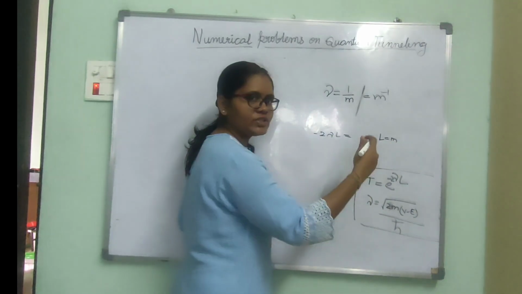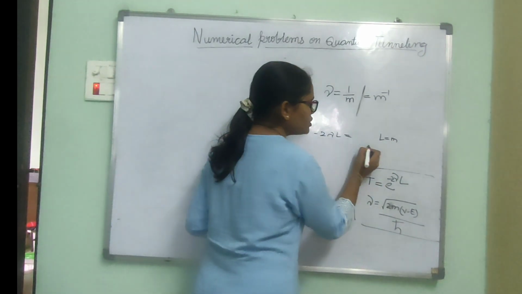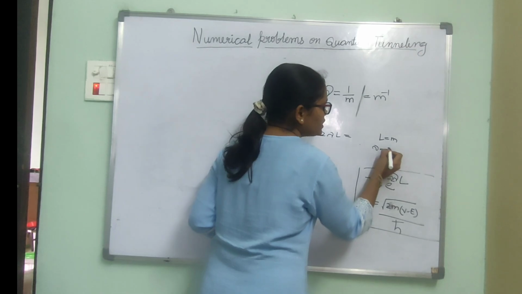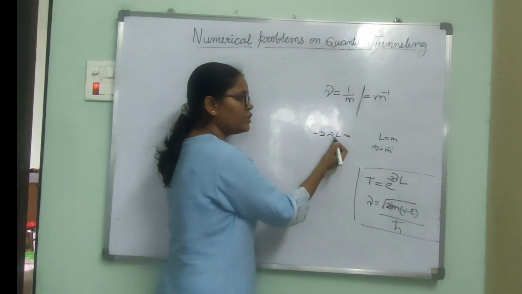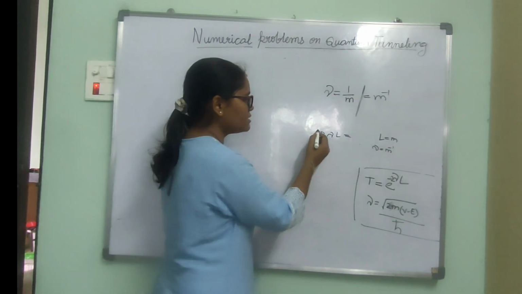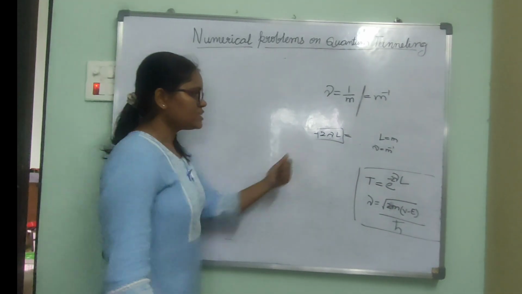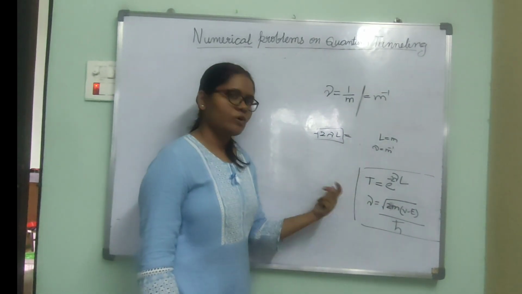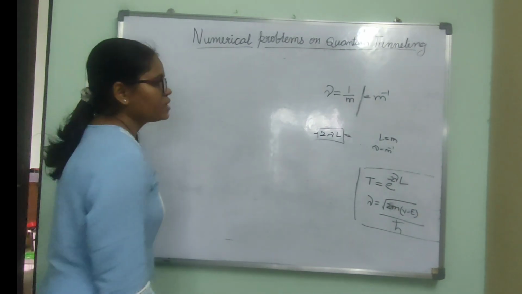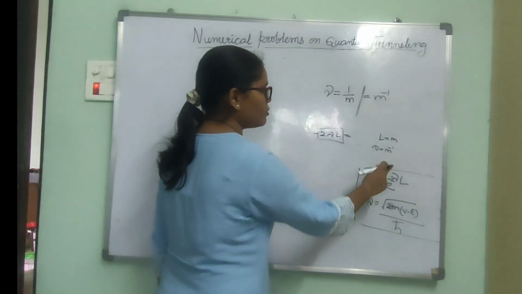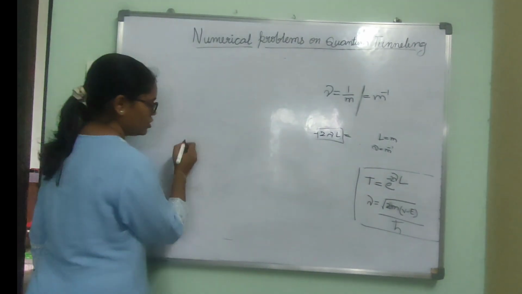It is given in the units of meter. Then gamma should have the unit of meter inverse so that both the units get cancelled and this will be just a number. Okay. If this is a number, then tunneling probability will obviously be a number. Okay. So we will see how the unit of gamma would be meter inverse.